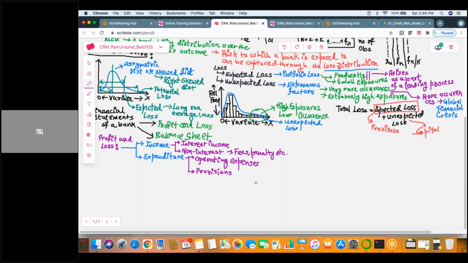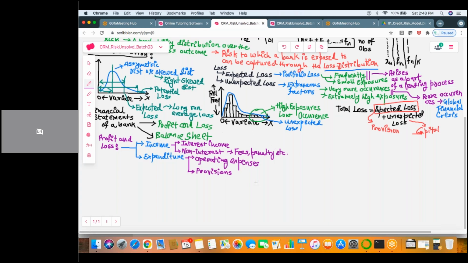One thing that you can see is that the profit and loss statement helps in accounting the profit and loss, so how much of the interest income has been earned, what is the income that they have earned, what are the expenses that they have incurred, and so on.